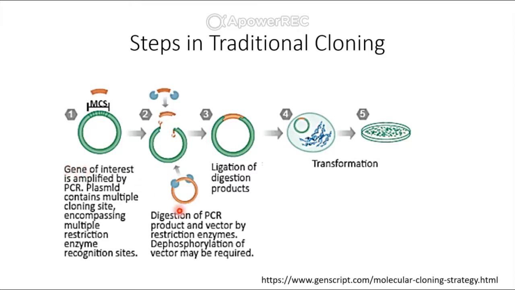Step number 2 is we do a digestion of the PCR product, or our GFP, and the vector or the plasmid where we want to insert it. So we'll be cutting the plasmid at that multiple cloning site. So then we can ligate in step 3 our amplified and digested gene.